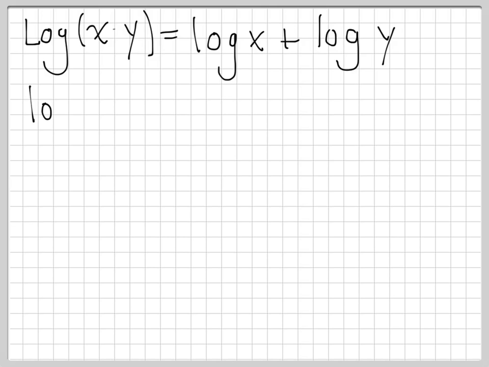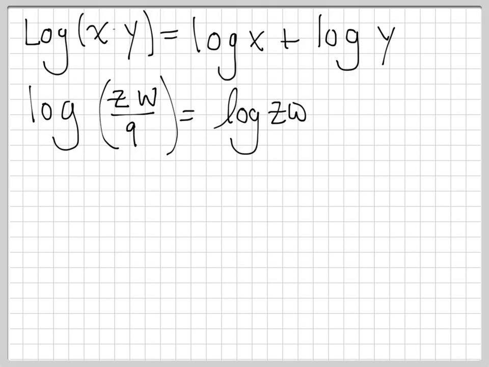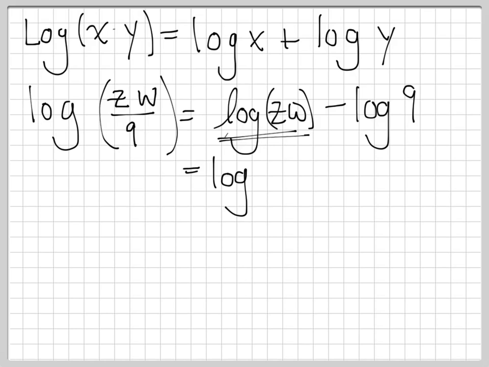Let's do log of zw over 9. That's log of zw minus log of 9. And log of zw, since it's multiplication, is log of z plus log of w, minus log of 9.